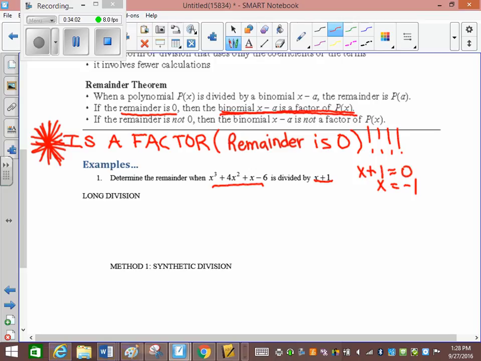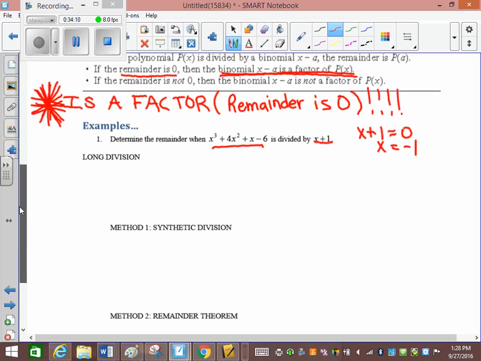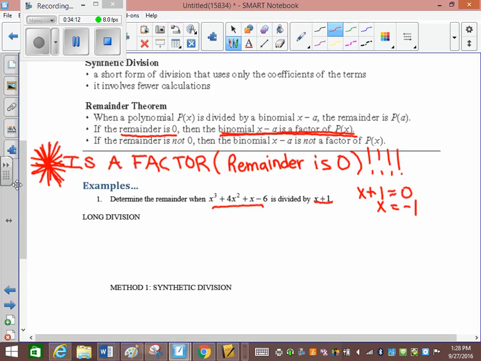We don't plug in the factor, we plug in the answer, the root. So we're not going to do long division or synthetic today, we're just going to do remainder here. Remainder theorem states that I have x minus a. If I want x minus a equals 0, I get x equals a. If I plug in a, I get my remainder. That's what remainder theorem states.